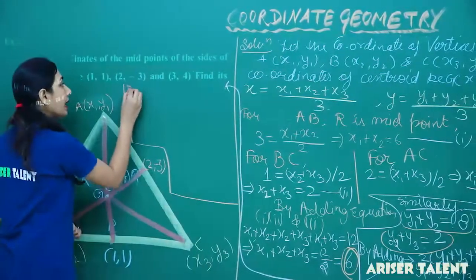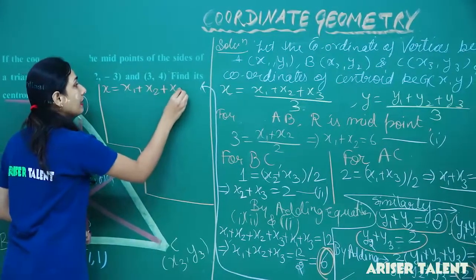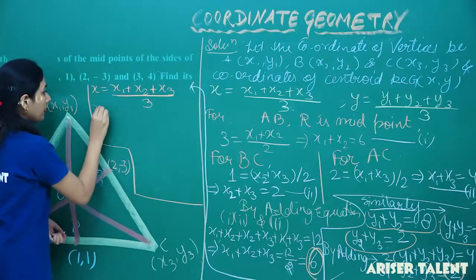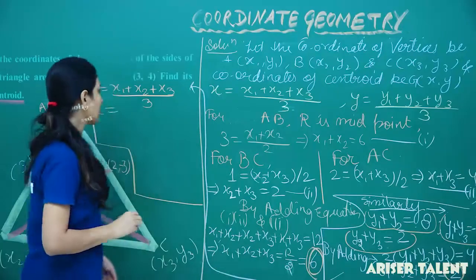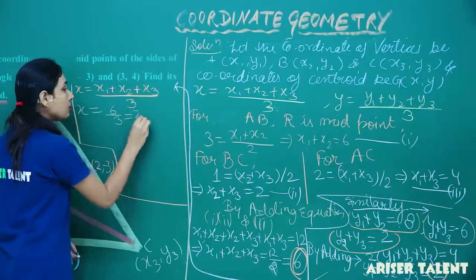So now x equals x1 plus x2 plus x3 by 3. Now x1 plus x2 plus x3 is what? It is 6. 6 by 3 is equal to 2.